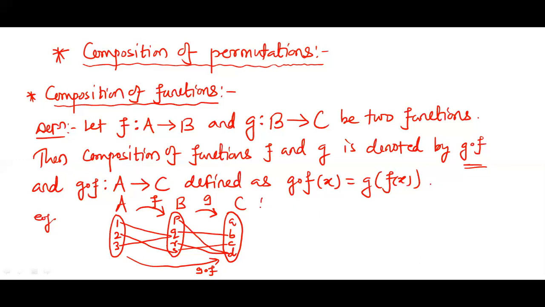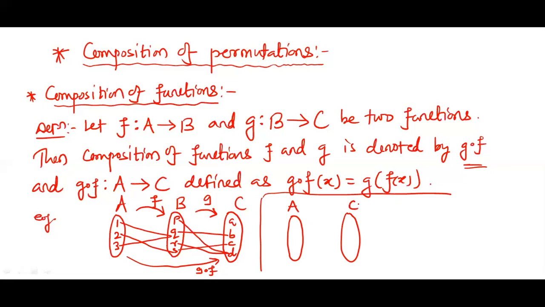Let's see what is function g naught f. Set A contains three elements 1 to 3. Set C contains elements A, B, C, D.